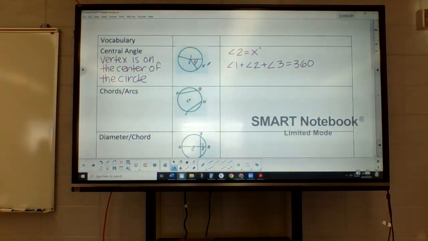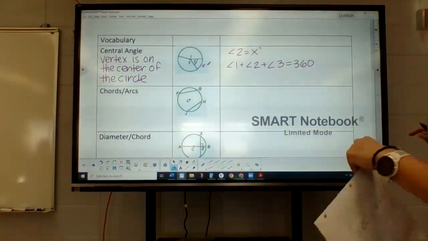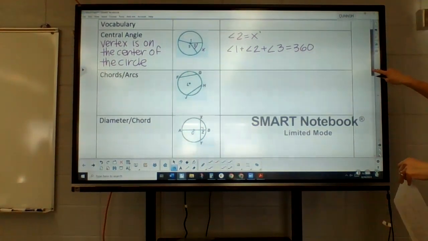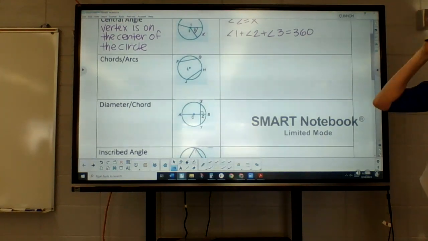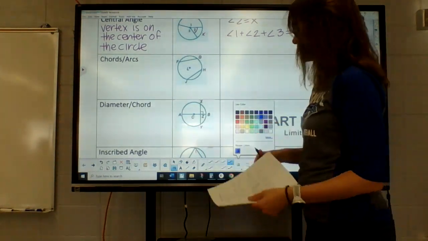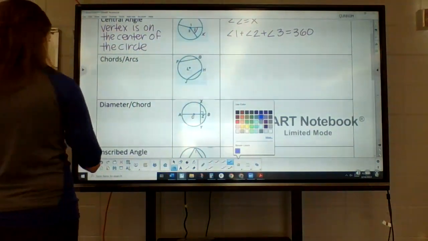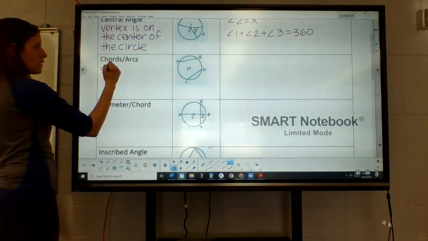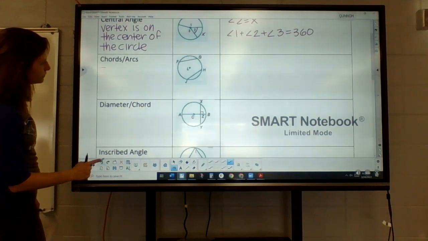All right, so the next part is talking about chords and arcs. And basically, if we have equal chords, then we have equal arcs. I wanted to change the color.